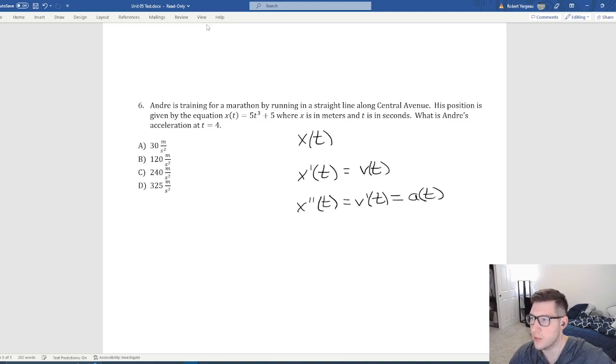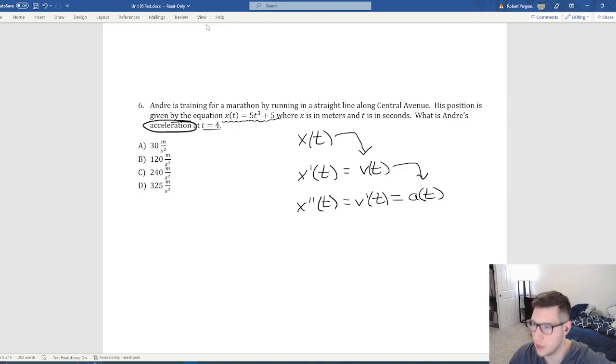And so every time we look at how this changes, we move from position to velocity, and then velocity to acceleration. And so I need to know acceleration, which means I'm going to have to take the second derivative of this function right here, and then apply that t equals 4 after I have the actual function.